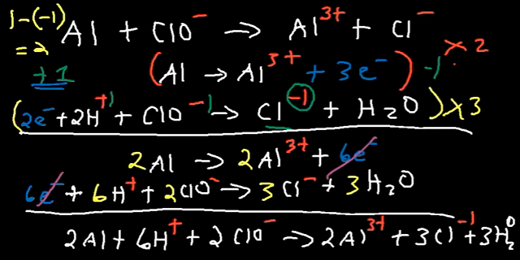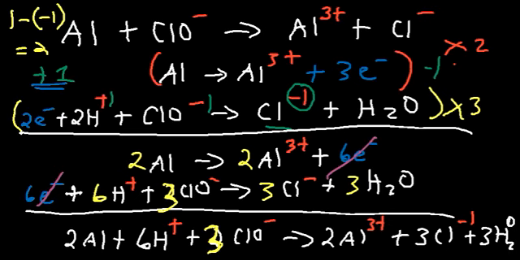Now every atom is balanced. We have 2 aluminum atoms. Wait, hold on, this is supposed to be a 3: 3 ClO-. Let's fix that. Okay, now everything is balanced.